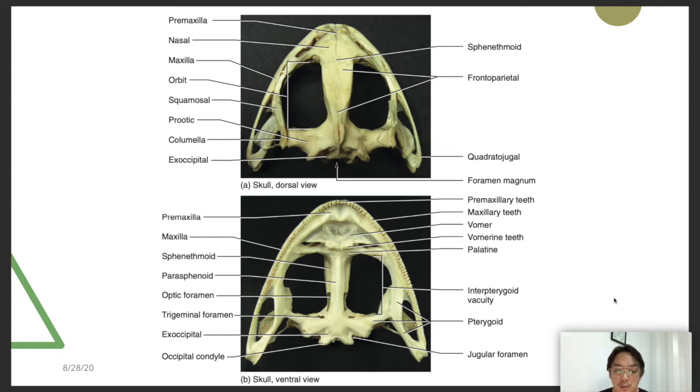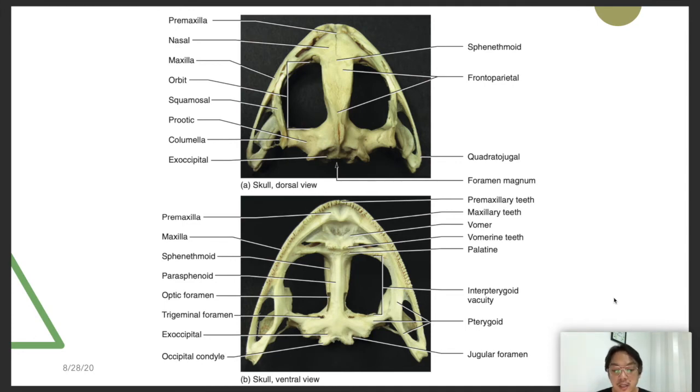Columella, which will lead you to the auditory tube. Exoccipital, okay, sphenethmoid, and the frontoparietal. And the quadratojugal also will lead you to the outside portion near the tympanic membrane.